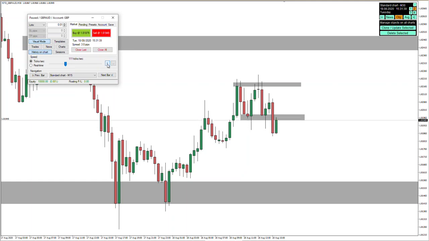Okay, this is the wick I wanted to see. If price goes down below its own down wick, I will sell immediately. Okay.